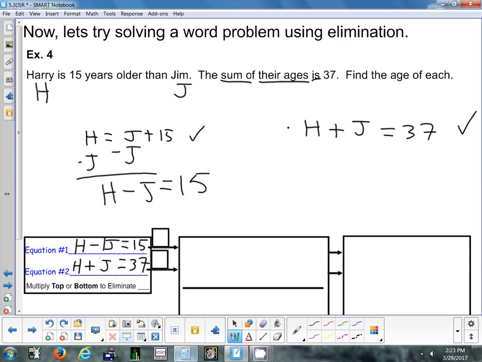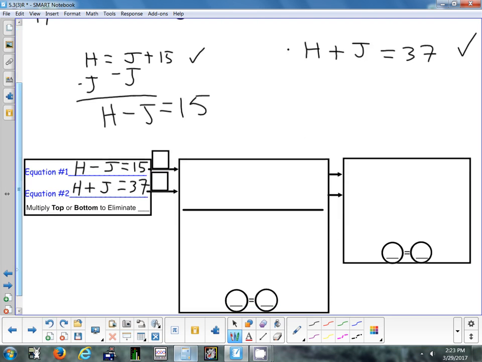If you want to put a 1 in front of the J's to see the number that's the same, that's what it is. Am I going to multiply the top equation by anything? Nope, it's case 1. How about the bottom equation? Nope. So we didn't multiply top or bottom. We don't need to. So what does that mean I'm going to do with both of these? Just do what?